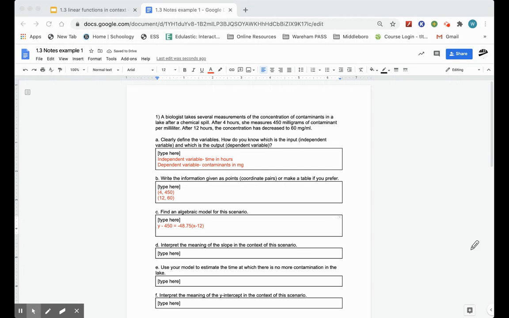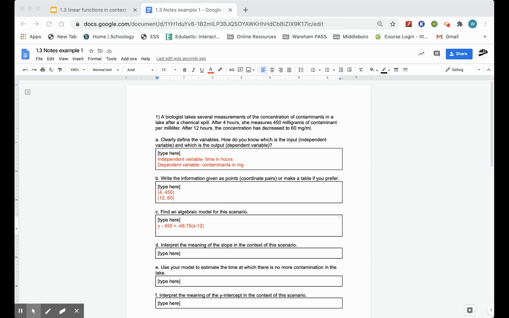All right, so it asks us to interpret the meaning of the slope in the context of this situation. So what is happening is the amount of contaminants is decreasing 48.75 milligrams per milliliter every hour.